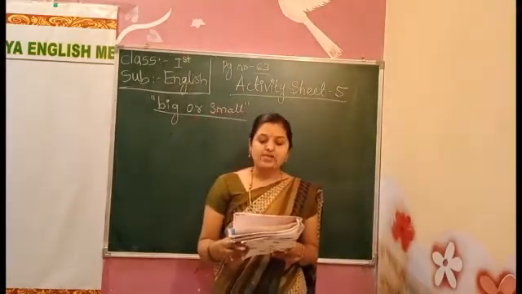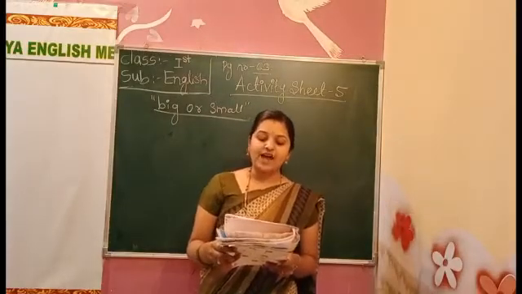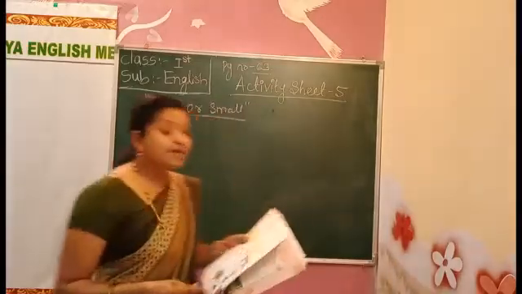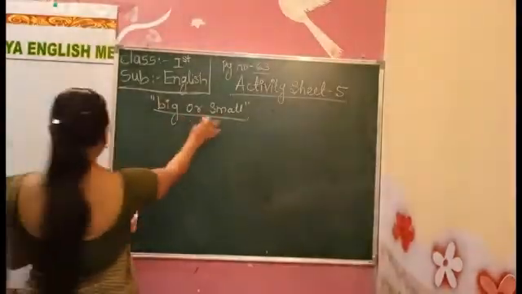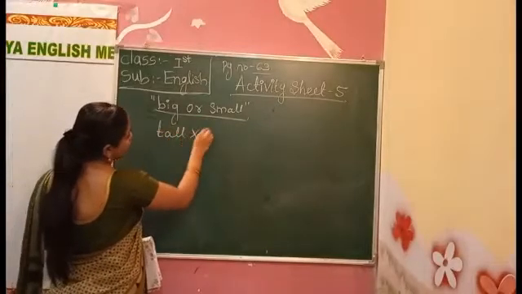Word pairs such as big, small, tall, short, fat, thin, happy, sad. So here are some opposite words. Big or small I have written here. Next coming to the tall, short.